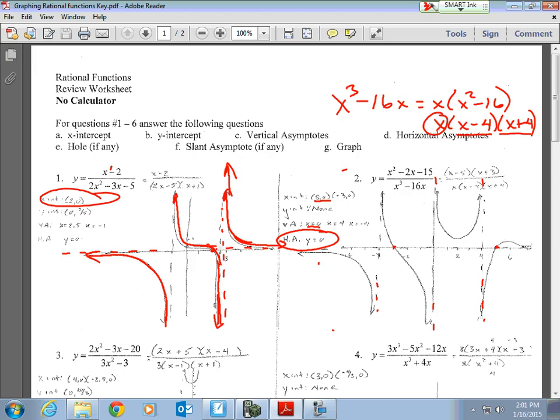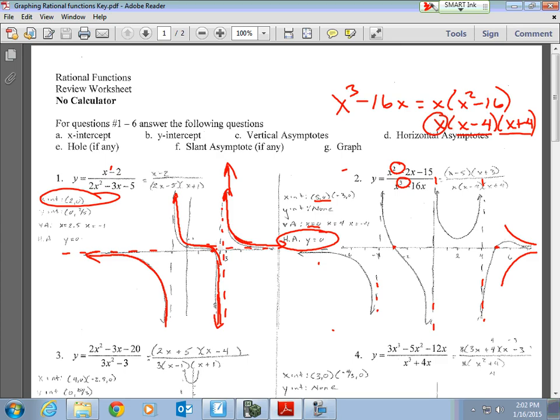The horizontal asymptote is at y equals 0 because the degree of the top is less than the degree of the bottom. As x goes to infinity, does y go to 0 on the positive side or on the negative side? Will it be above or below the x-axis? Plug in values for x.